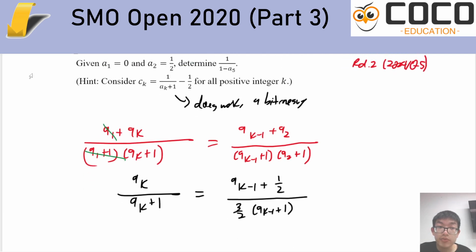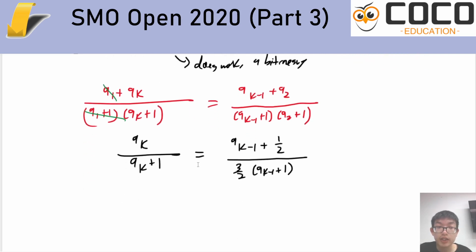Now, I just need to make AK the subject, so I will reciprocal it. When I reciprocal it, it is 1 over 1 plus AK. Reciprocal this as well, and I will just multiply by 2 at the same time. Subtract 1.